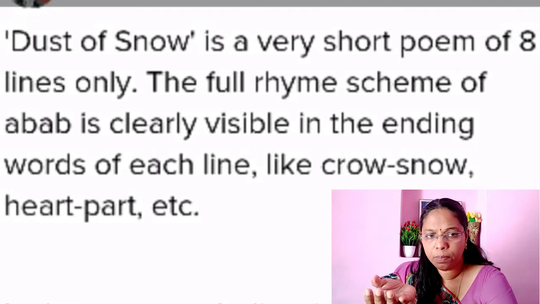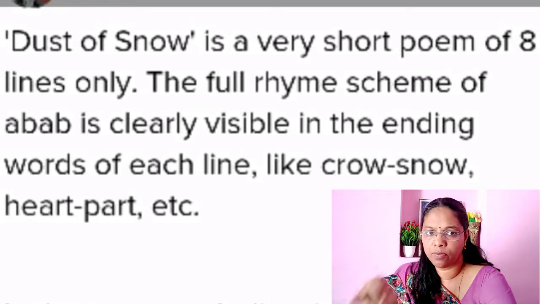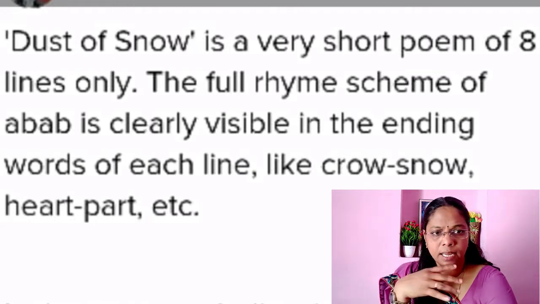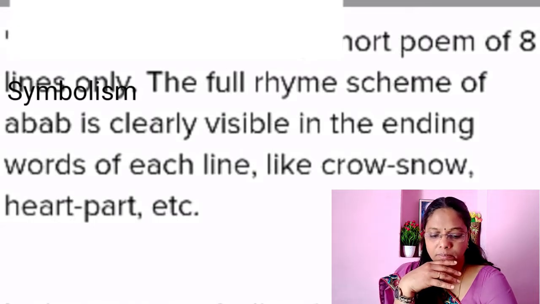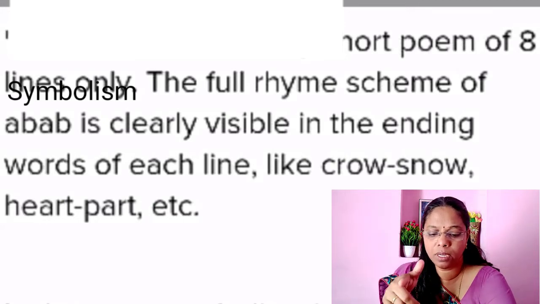We learned about the rhyming scheme, the first poetic device, alliteration, and the second one, symbolism. Snow symbolizes joy. Hemlock tree symbolizes sorrow. It has some inner meaning.